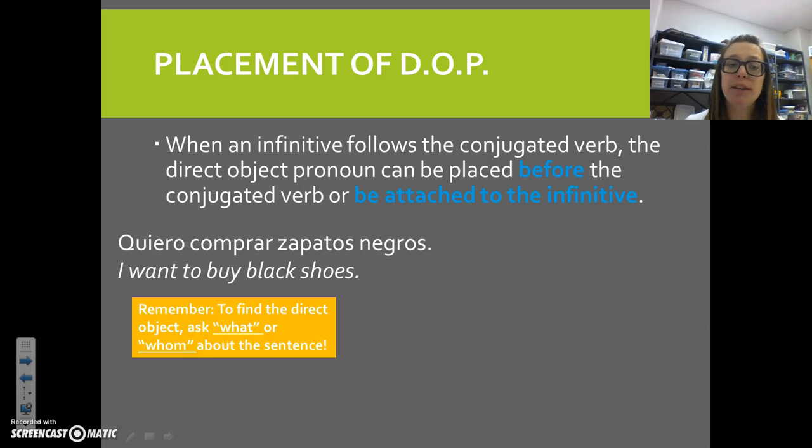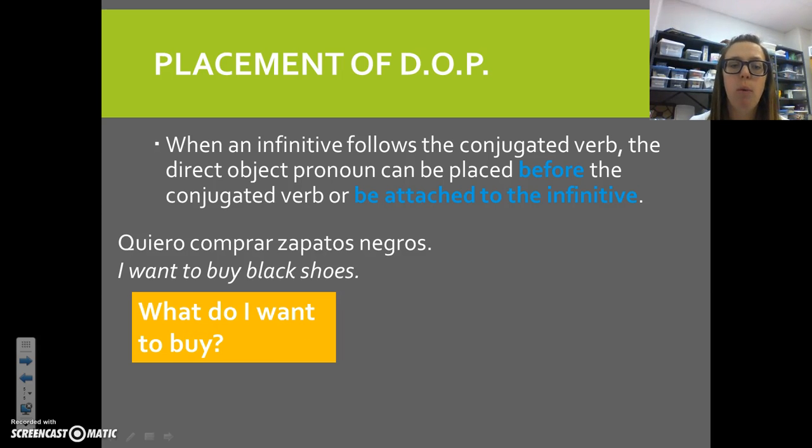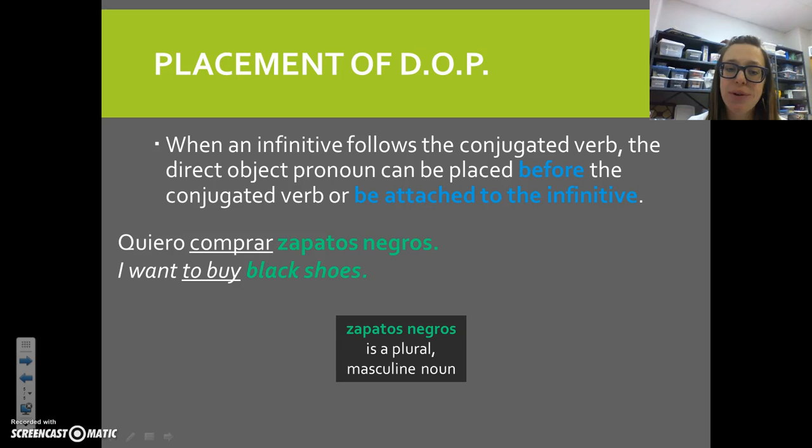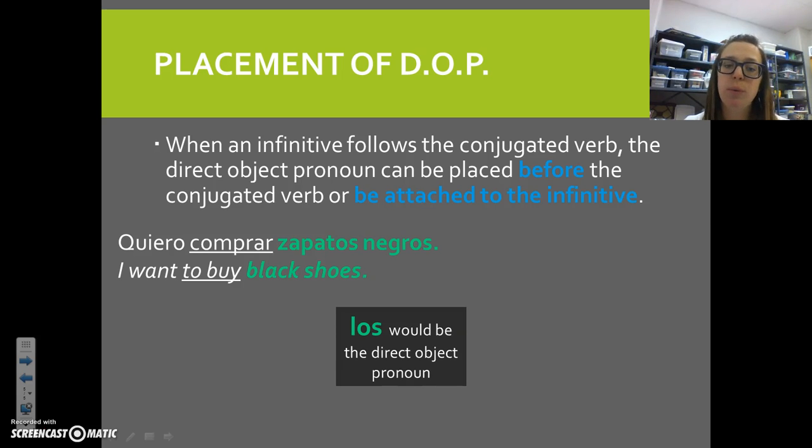Remember, again, to find the direct object, you have to ask what or whom about the verb in the sentence. So, what do I want to buy? Los zapatos negros, black shoes. Okay? So, zapatos negros is a plural masculine noun. Los would be our direct object pronoun.